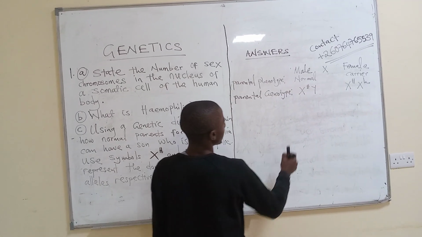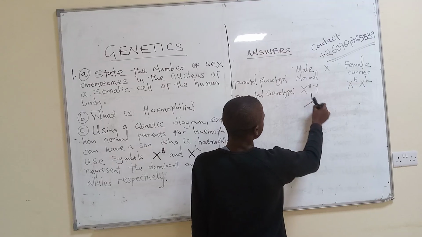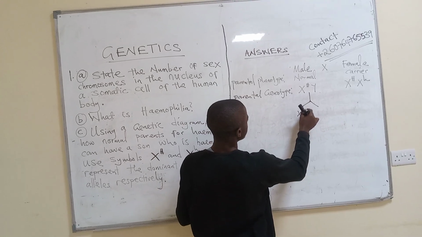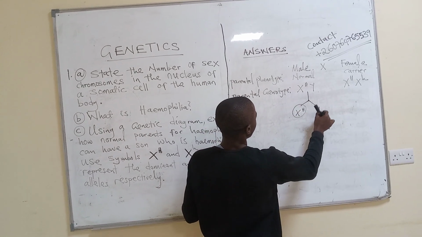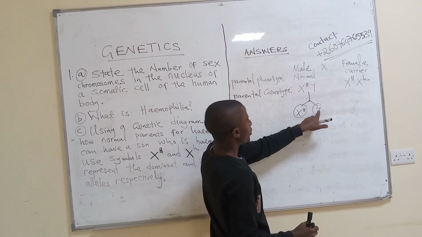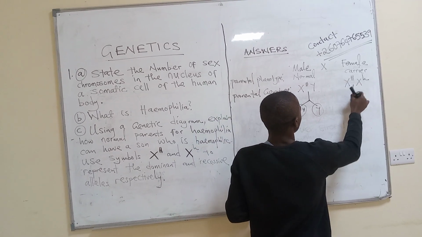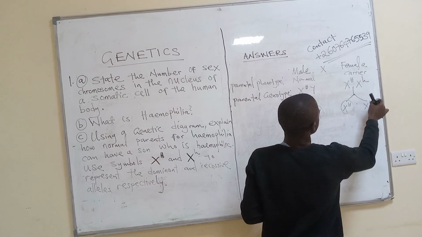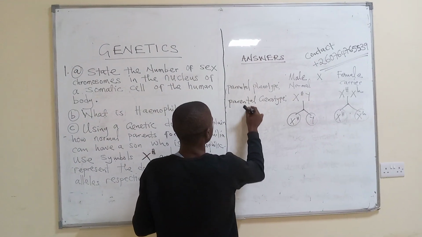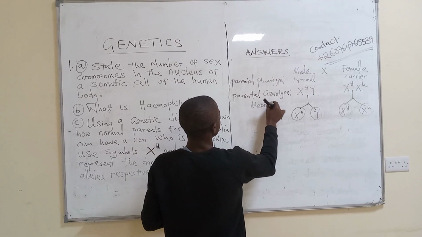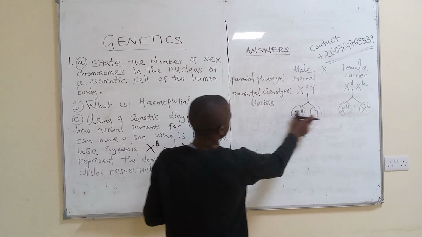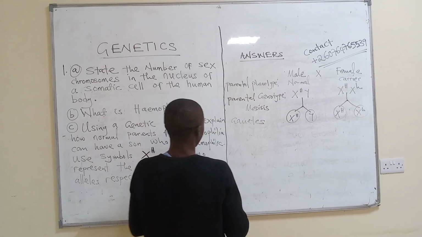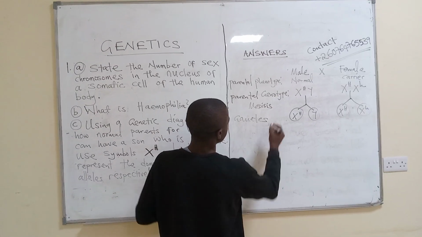From there, the process called meiosis is going to take place, where these gametes are going to be separated. X capital H, Y, and X capital H, X small h. The process is called meiosis, and these are what we call gametes, or sex cells.